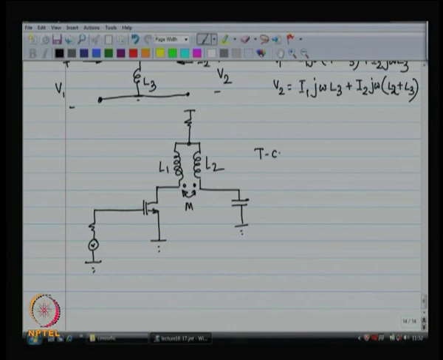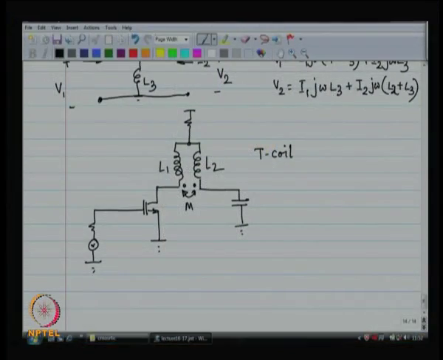The T coil is used routinely. So, you can insert a T coil into your circuit. There is your old circuit, your first cut circuit, which had your MOSFET, resistor, capacitor, load, and what you do is you insert this T coil.